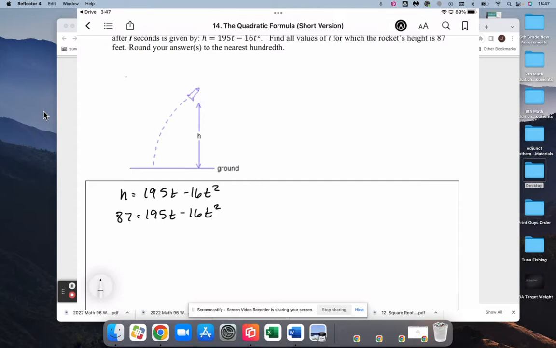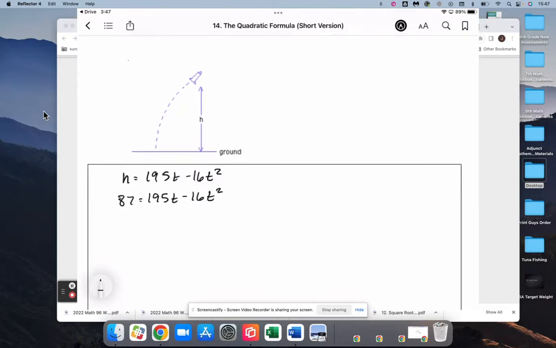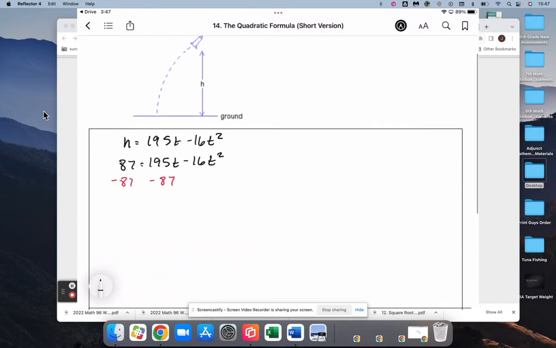What I think we need to do first is get that left side set equal to 0 so that we would have an a term, a b term, and a c term. So I'm going to subtract 87 from both sides, and at the same time write it in ax squared plus bx plus c form. So I'll put my squared term first, negative 16t squared, that's my a, plus 195t, that's my b, and then my c will be minus 87.